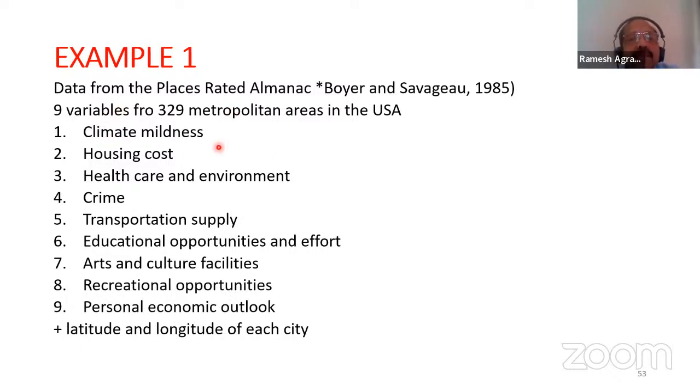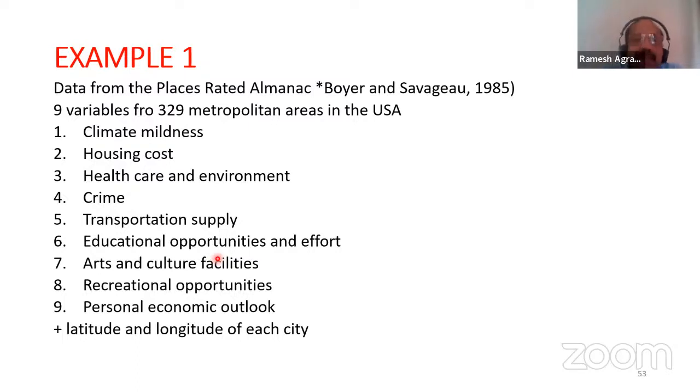What are those 9 variables? Climate mildness, housing cost, the conditions of healthcare and environment, crime rate, transportation supply, educational opportunities and effort, arts and culture facilities, recreational opportunities, and personal economic outlook. You could also have thought of computing a few things like latitude, longitude, and many more.